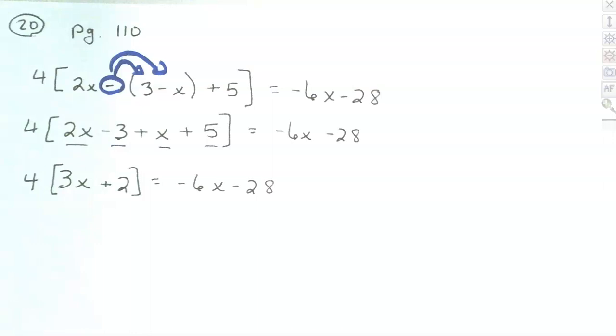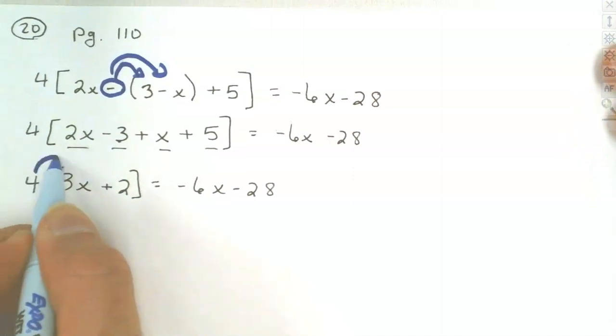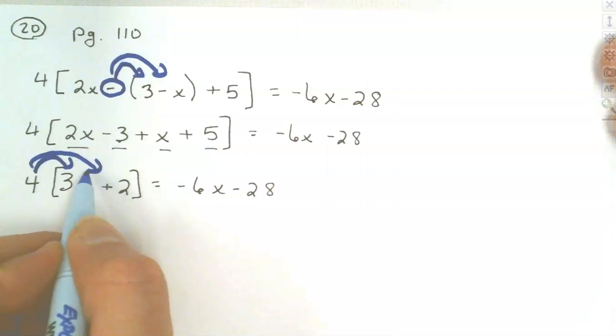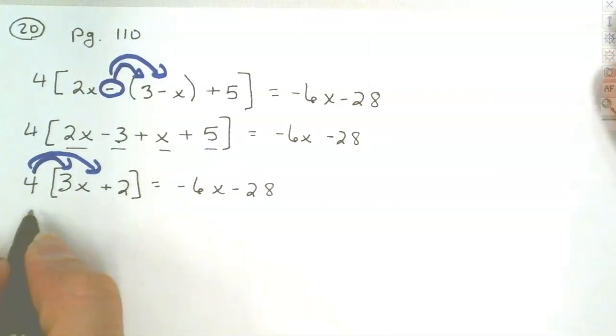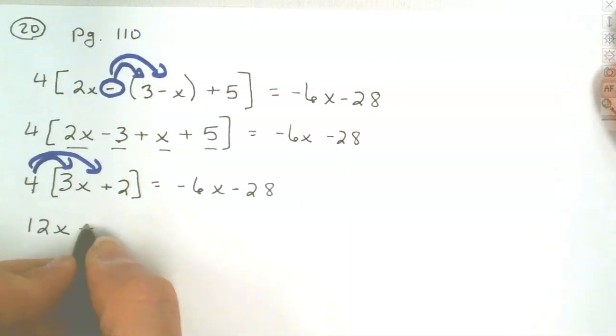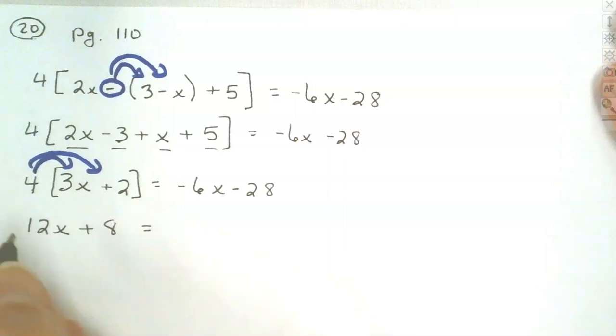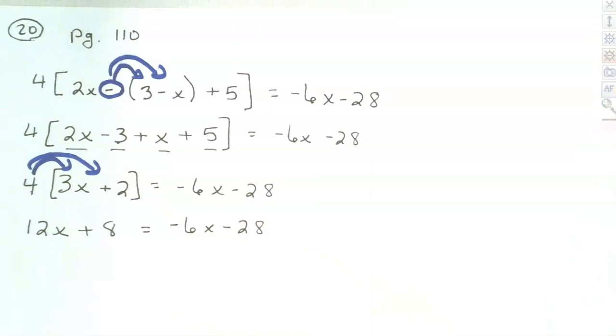So we just work on the inside, we work our way out, get rid of the parentheses first. Now, what do we do with our square bracket? Well, a square bracket works exactly the same as parentheses, so that 4, we just distribute or we push it through. And that gives you then 4 times 3, which is a 12x. 4 times 2, that's an 8. And the other side is a minus 6x, minus 28.